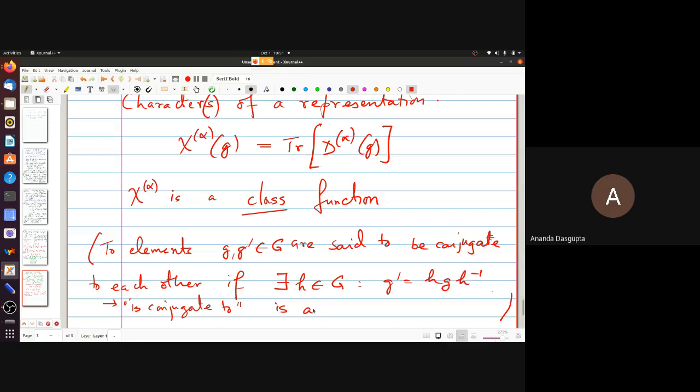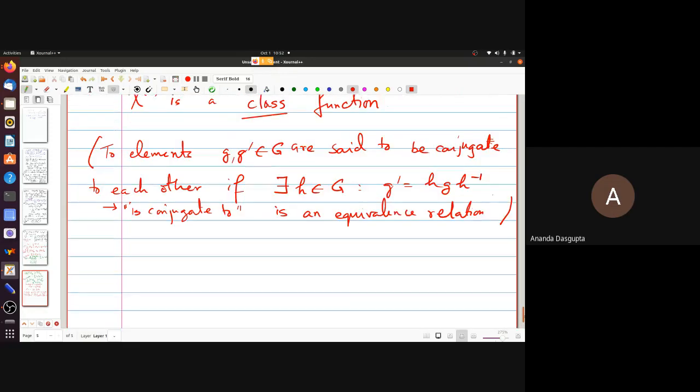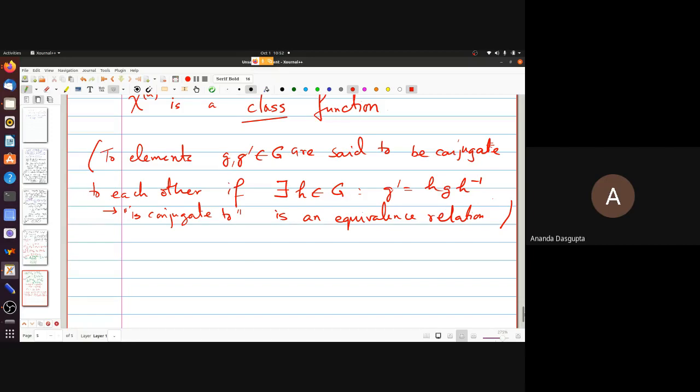And not only is it a relation, it's an equivalence relation. That is to say, symmetric, transitive, and reflexive. Reflexive is obvious because, okay, why is it obvious? G is always conjugate to G.